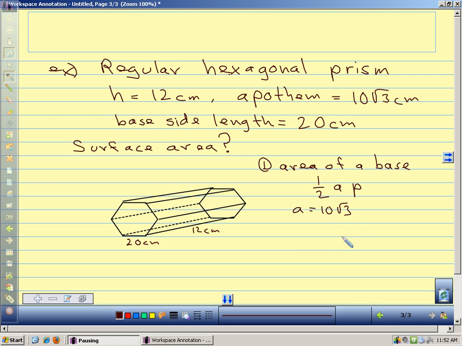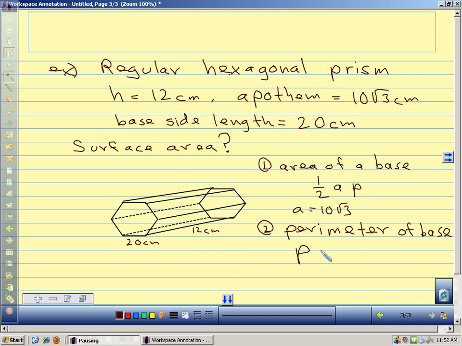What's the perimeter of the base? That's the second piece of information we need for our formula. 120, and how'd you get that? Add up all the sides, so we have 6 sides, and each one is 20.